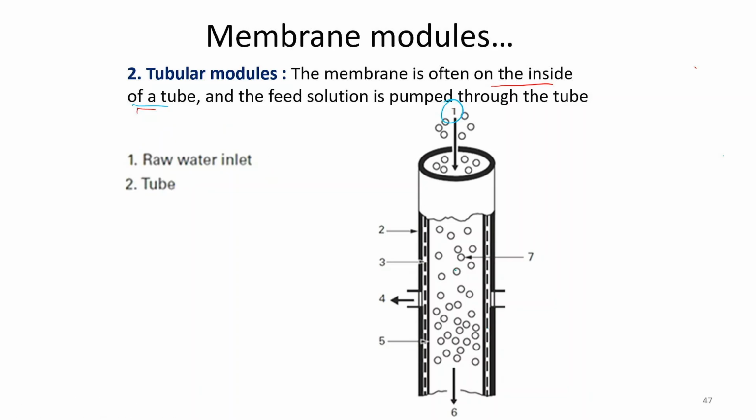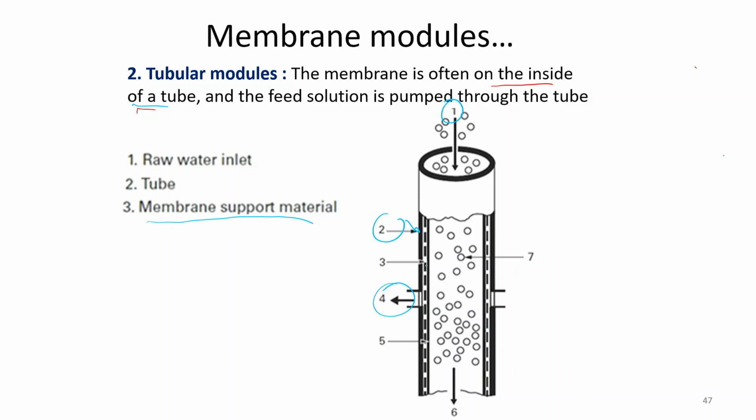This is a tube, okay, and in this tube the exit outlet is also fitted, and this is the tube here, and the membrane support material. 3 is the membrane support.